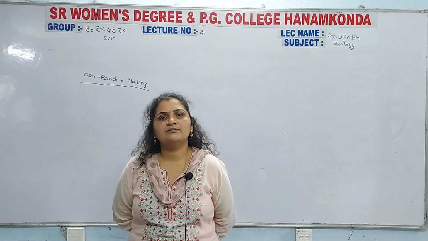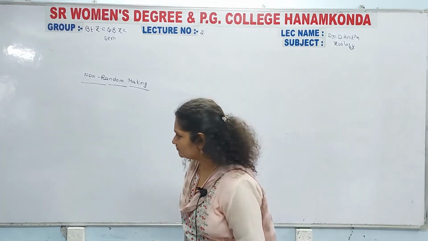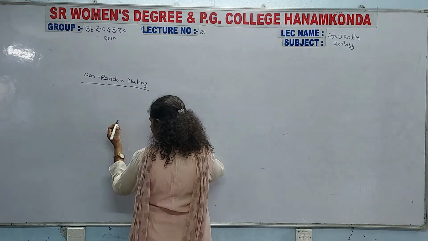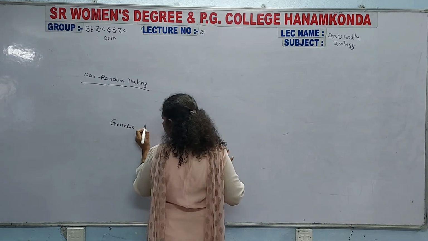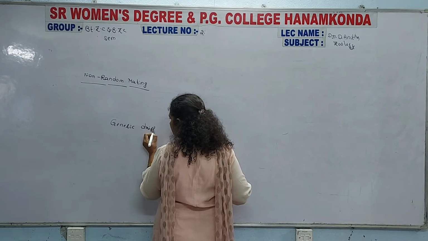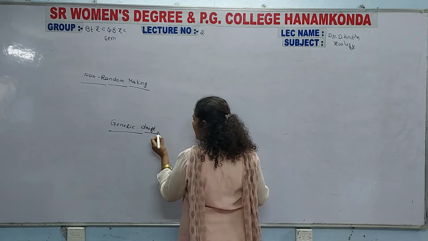Now the main concepts are genetic drift and gene flow. Genetic drift is caused by natural hazards.